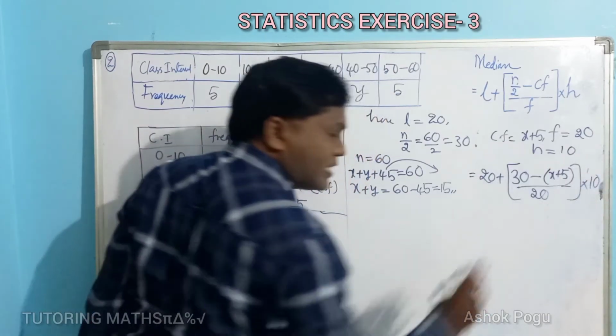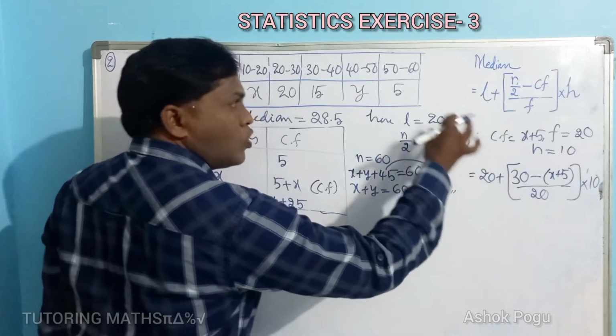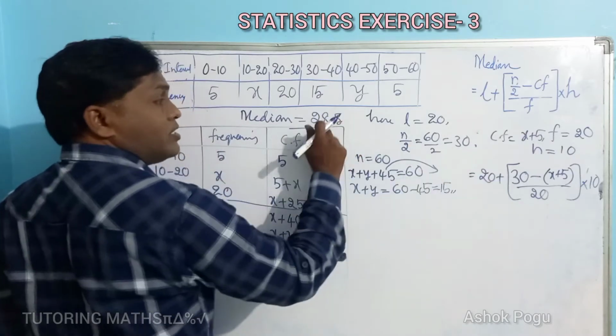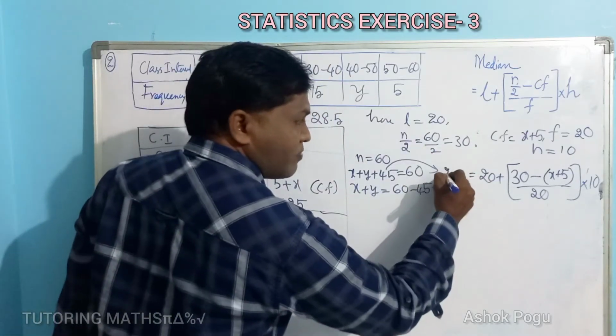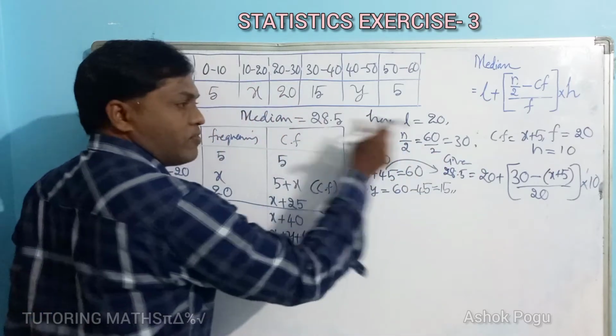Height of the classes is 10. But this result is equal to 28.5. This median is already given, 28.5.